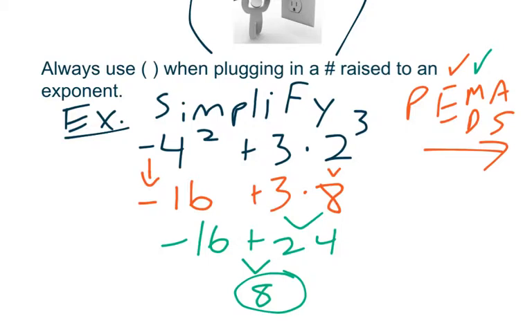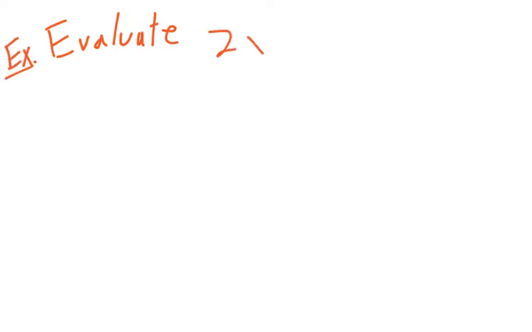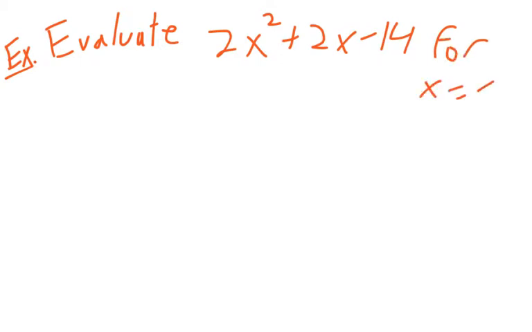Okay, now we're going to use what that note told us to use parentheses. So now we're going to evaluate for a variable. So evaluate, this is another example. So evaluate 2x squared plus 2x minus 14 for x equals negative 3.